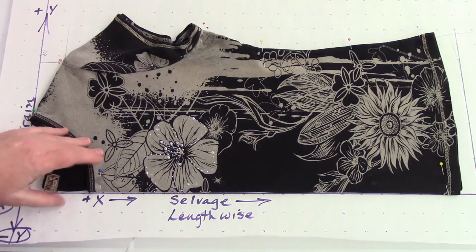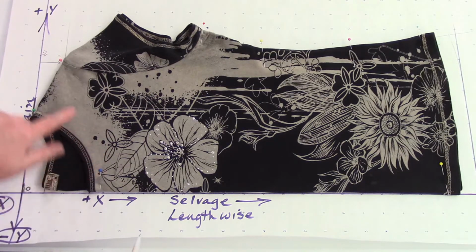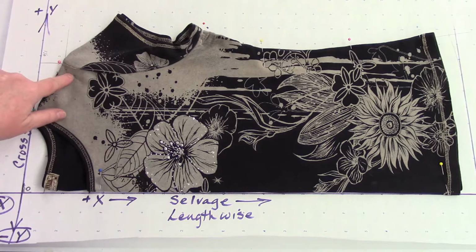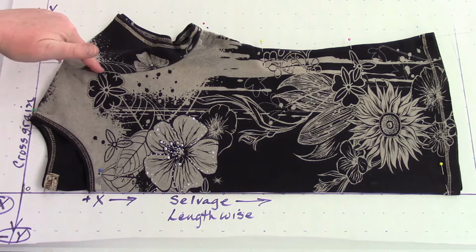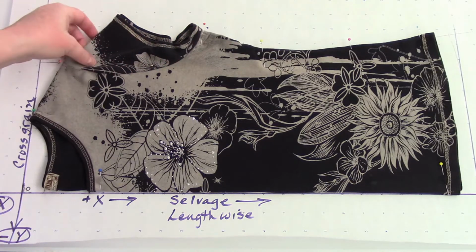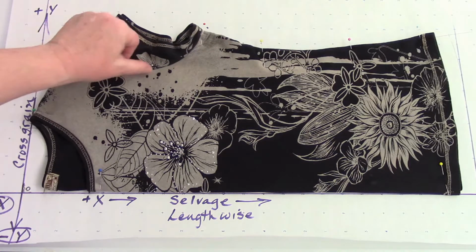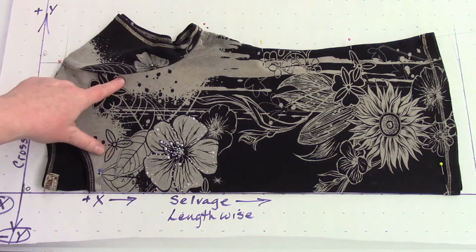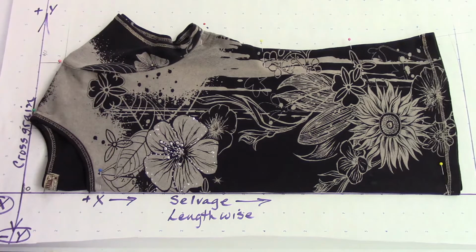So I've taken the time very carefully with this. You can see the pins if you look closely. I poked pins in the armhole so that the armholes on both the back and the front are lined up, and the front and back armhole are the same as each other.